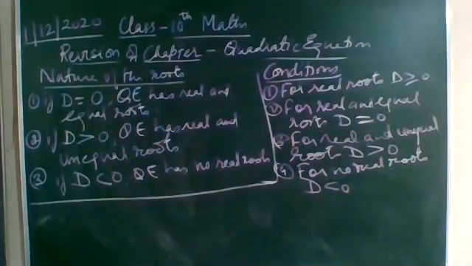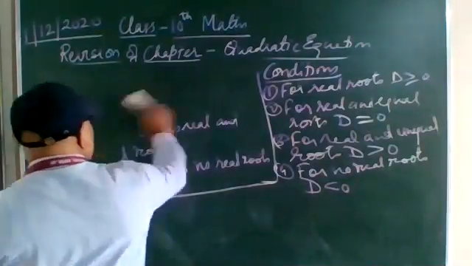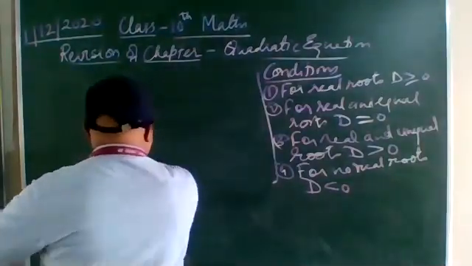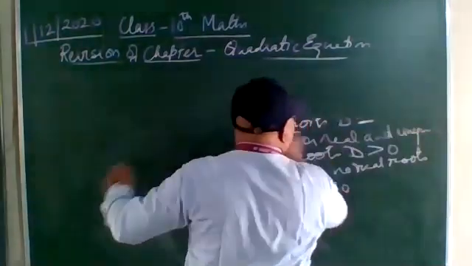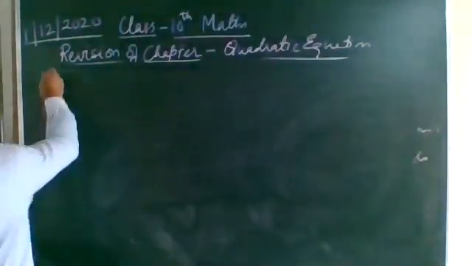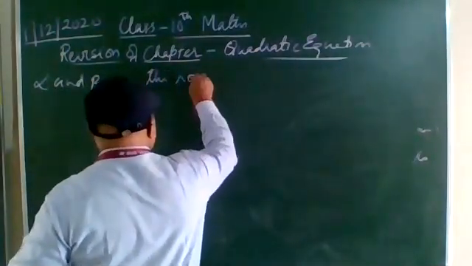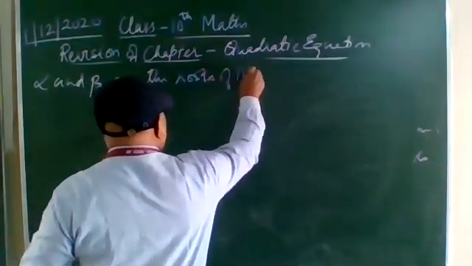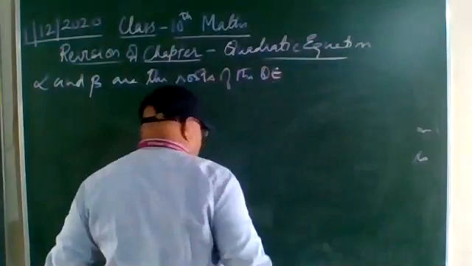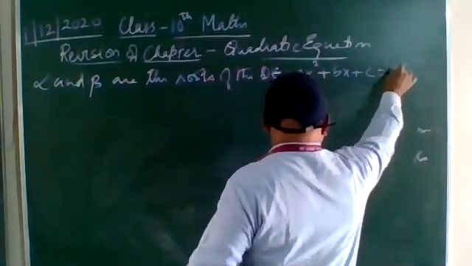After that, we have conditions and nature of the roots. The question is that alpha and beta are the roots of the quadratic equation ax square plus bx plus c equal to 0.